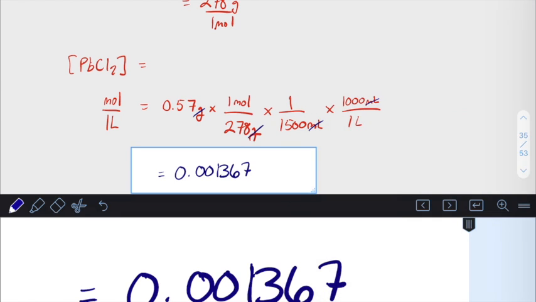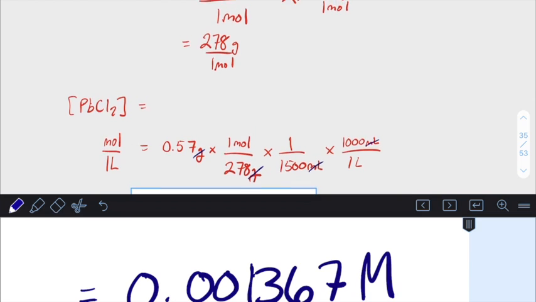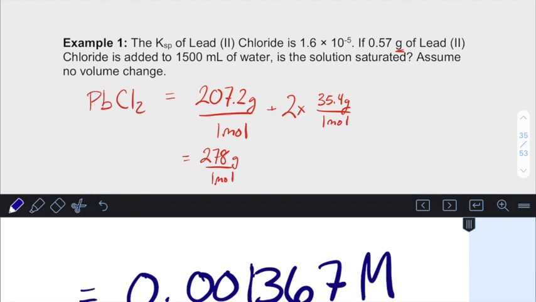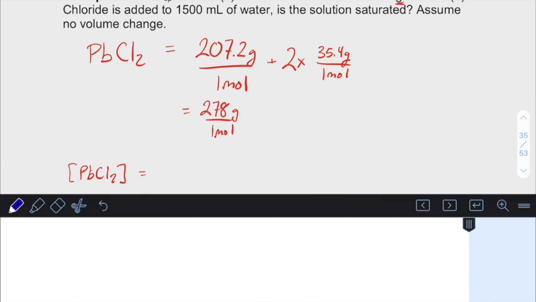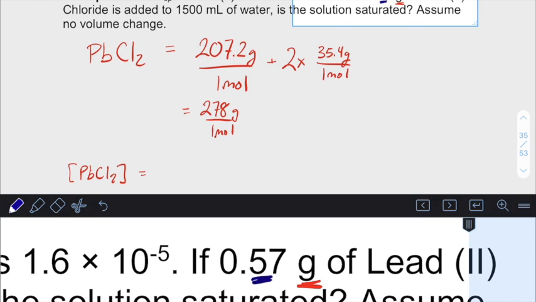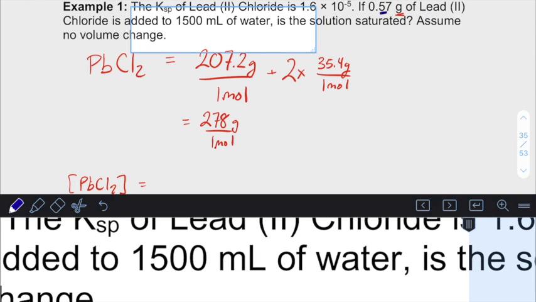I'm going to keep a couple of extra significant figures because I'm not quite done with this yet. I know I probably only have 2, maybe 3 significant figures to play with, but these were all constants so far. Oh, I guess I have 2 significant figures from that 0.57, don't I?